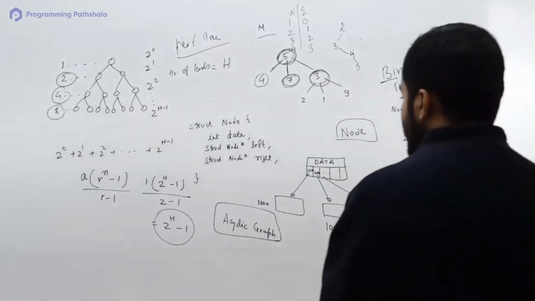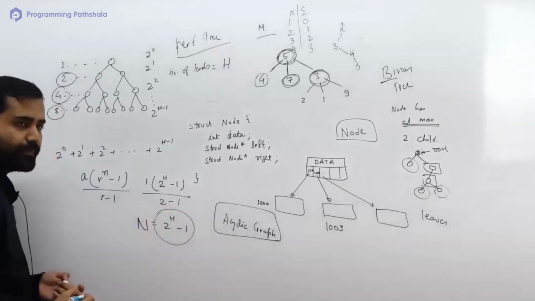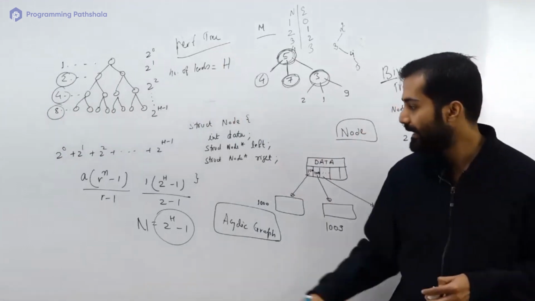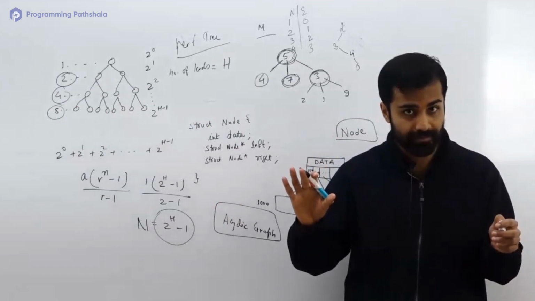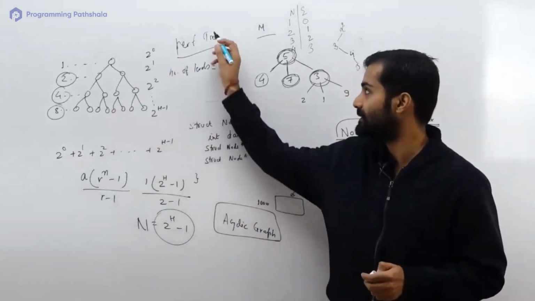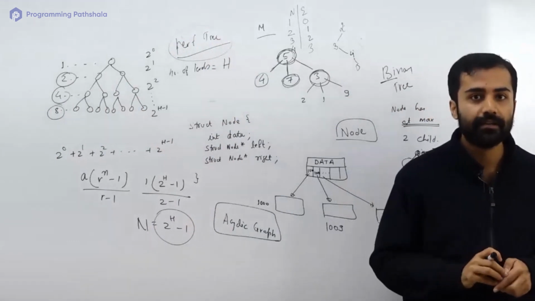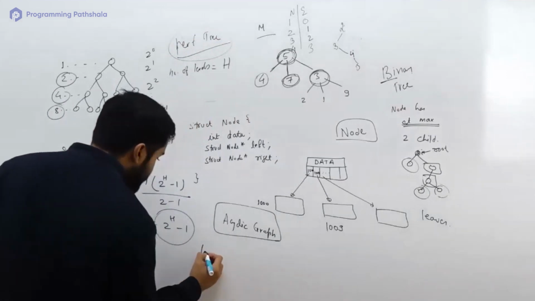Similarly, if I call this thing n, because n is the number of nodes, now if somebody asks you the reverse question, that if there are n nodes, then what will be the height if the tree is perfect? Can you think about that? It will be log of n base 2.